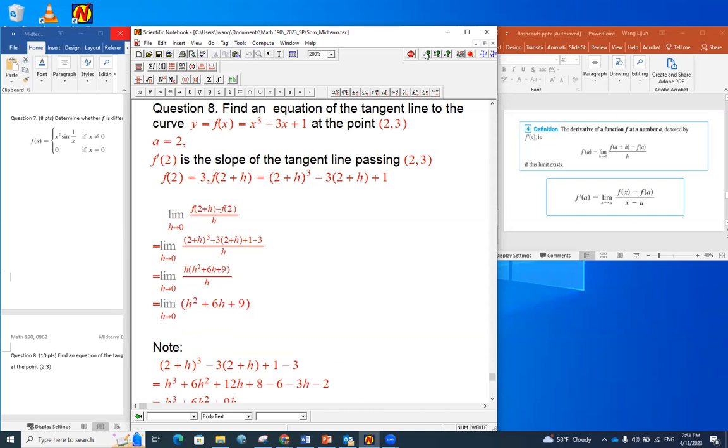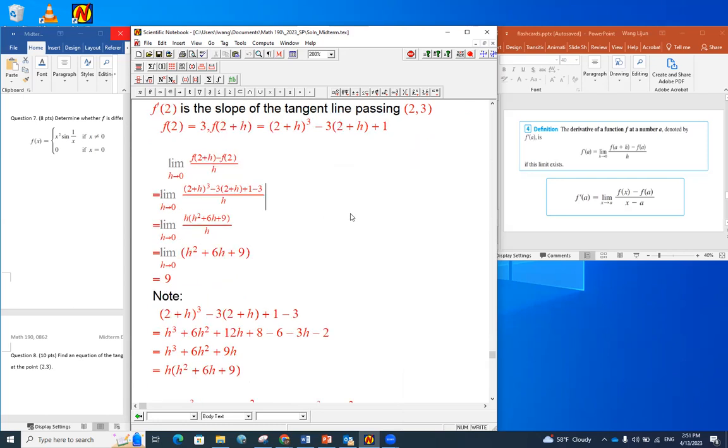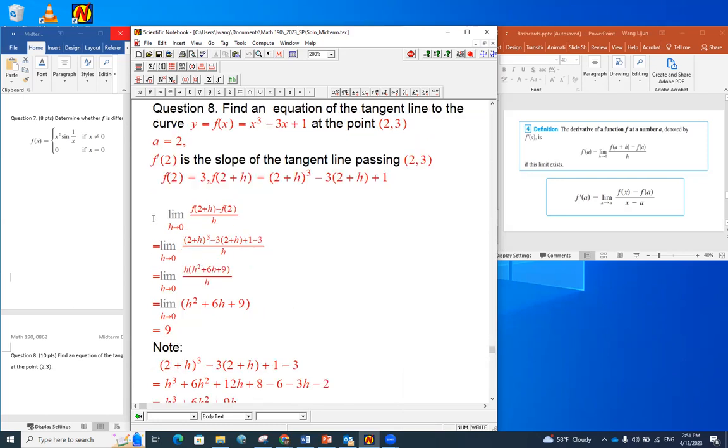And with direct substitution, we end up with 9. So that's how you can manage that. So the slope is found, right? You can tell the reader the derivative of the function at 2 is 9.